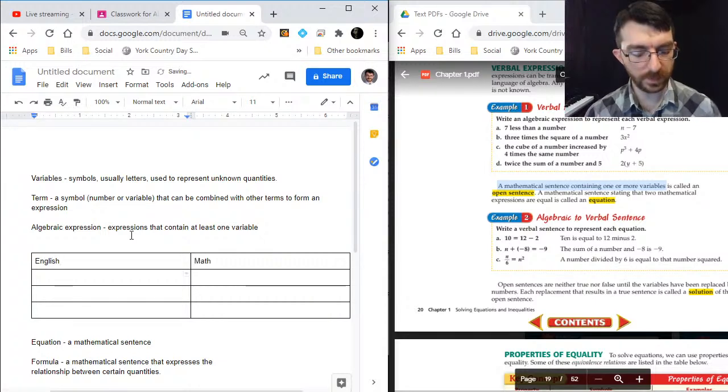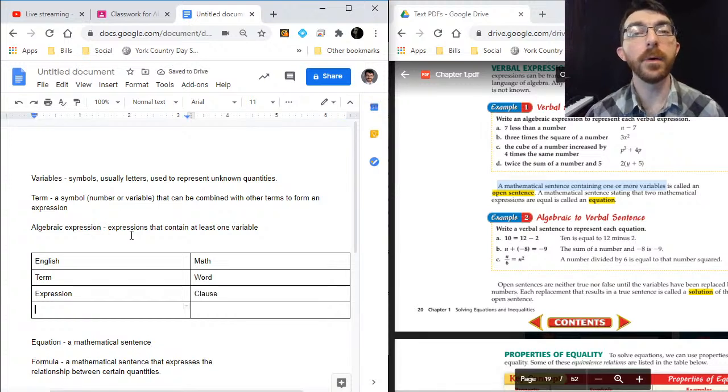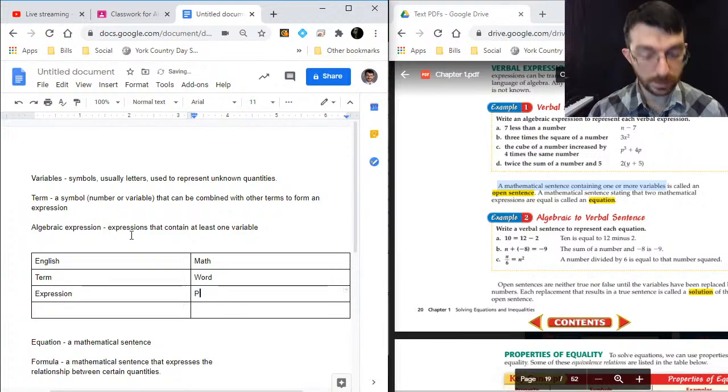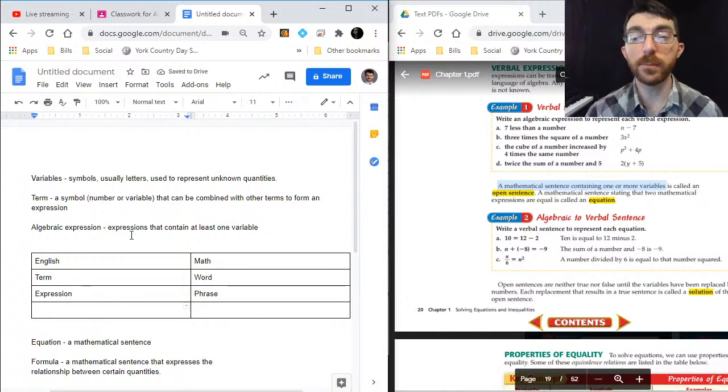Here's math. So I've got term, that's a word, expression, that is a phrase. And you know what? I should use phrase because clauses have verbs. Also, I think clauses are less familiar to students than phrases.